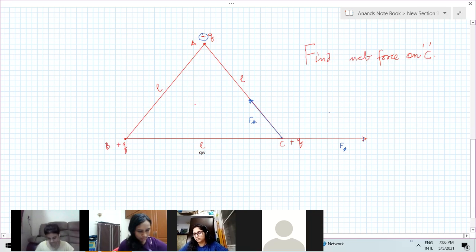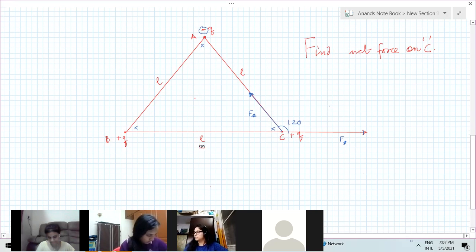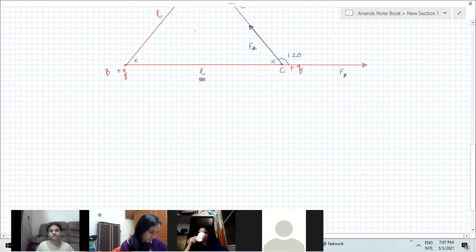Then this angle is going to be the exterior angle. Exterior angle is nothing but the sum of the two interior angles, or you can say this is an angle in a straight line, 180, this being 60, this is going to be 120. So we have two equal forces F and F, which have an angle of 120 degrees between them. We can use the parallelogram law of forces.